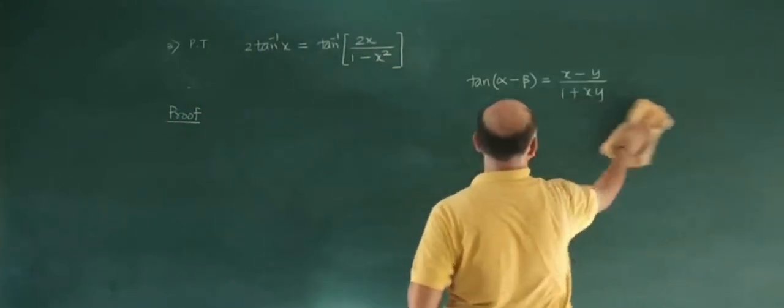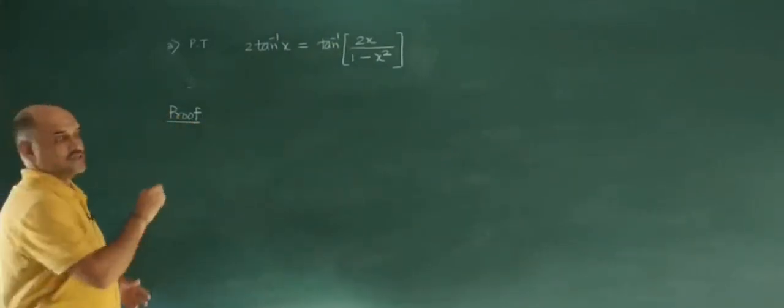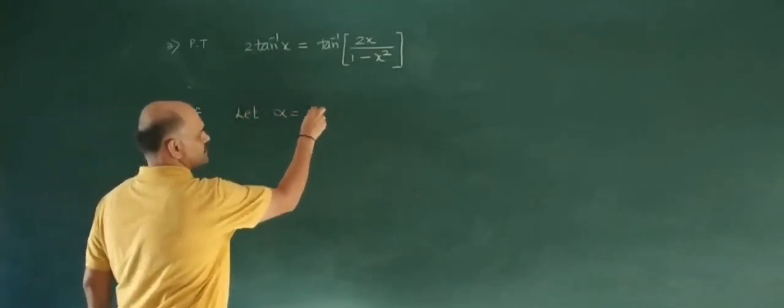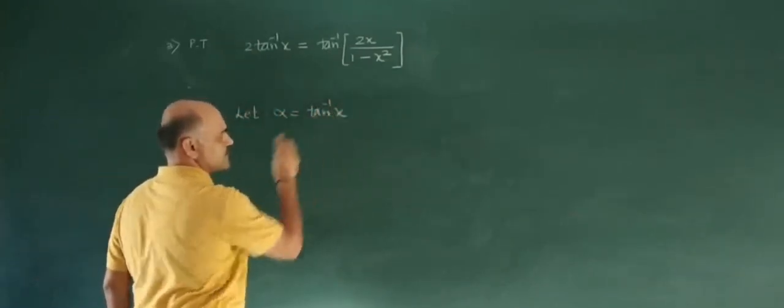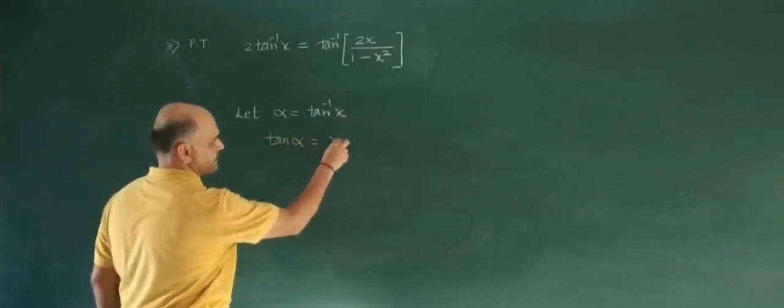So same technique again. Take LHS tan inverse x as alpha. So let alpha is equal to tan inverse x. So you will have tan alpha is equal to x.